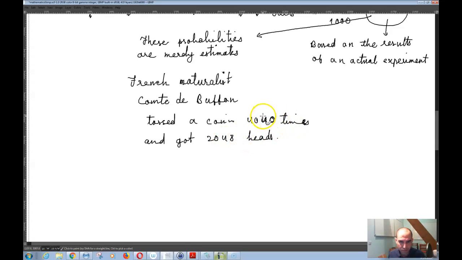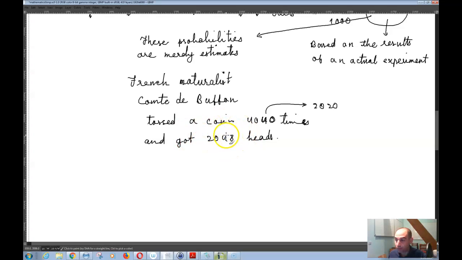Half of 4040 would be 2020, and he got 2048 heads. The numbers are not very far apart, probably something about 10% or so.